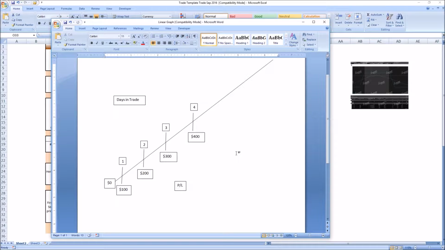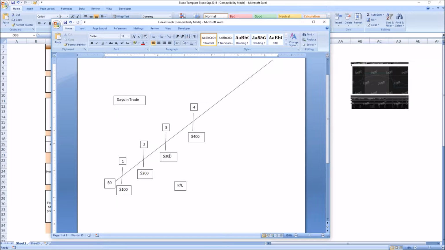So all I do is I want to know if I'm beating that linear graph, because we all know that profits don't come out of these trades in a linear fashion. So for example, if we're on day 3 in the trade and my profit is at 250 and my linear graph says I'm at 300, then I'm pretty close to the linear graph, and I don't have a reason to take the trade off at that point in time.